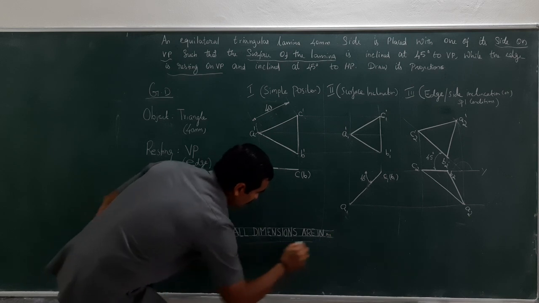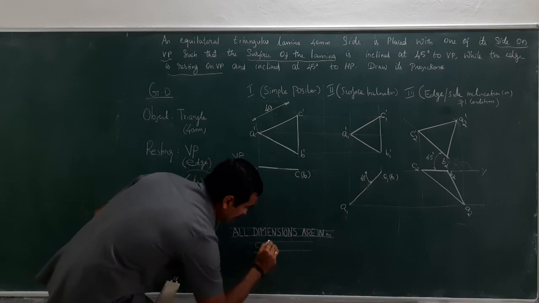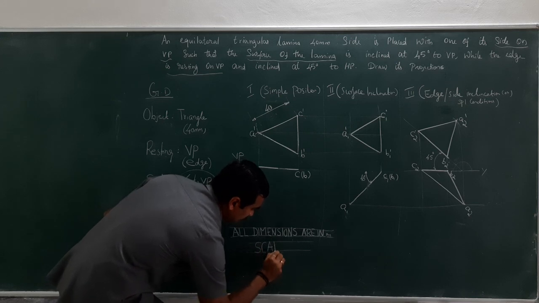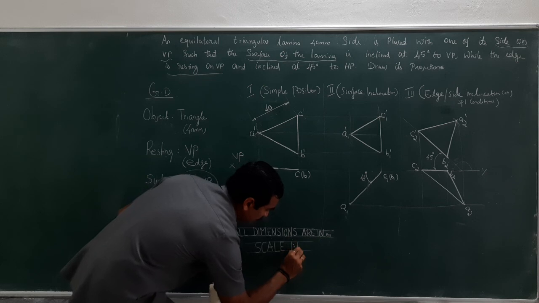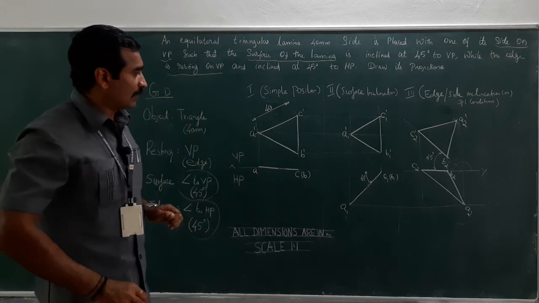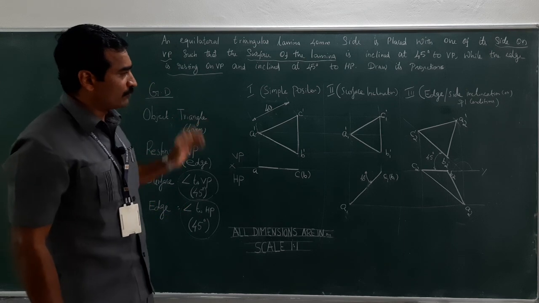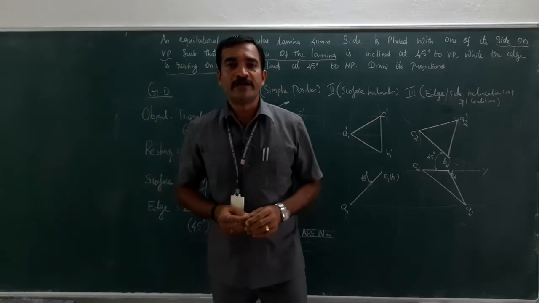Then the scale, what has been used. I haven't used any special scaling. Whatever dimension is given, I have drawn as it is. Therefore, the scale should be 1:1, which is nothing but the true scale. With this, I have completed the projections of the plane surfaces. Hope you have all understood it. Thank you.